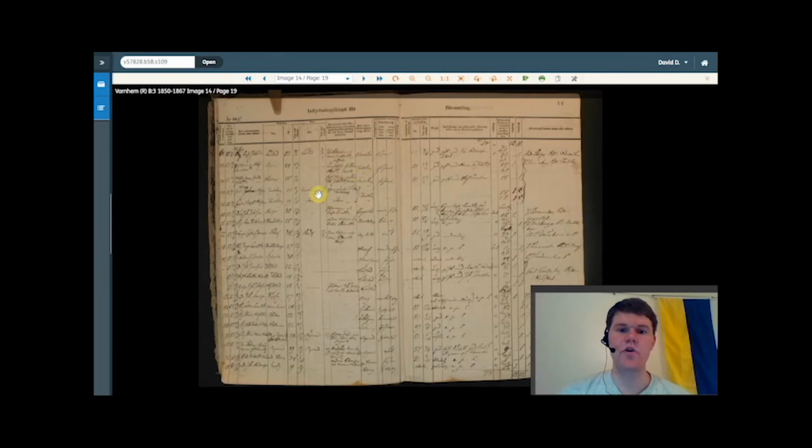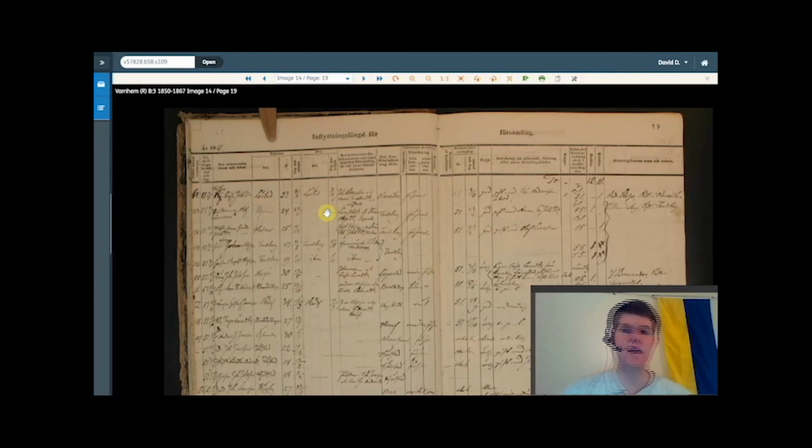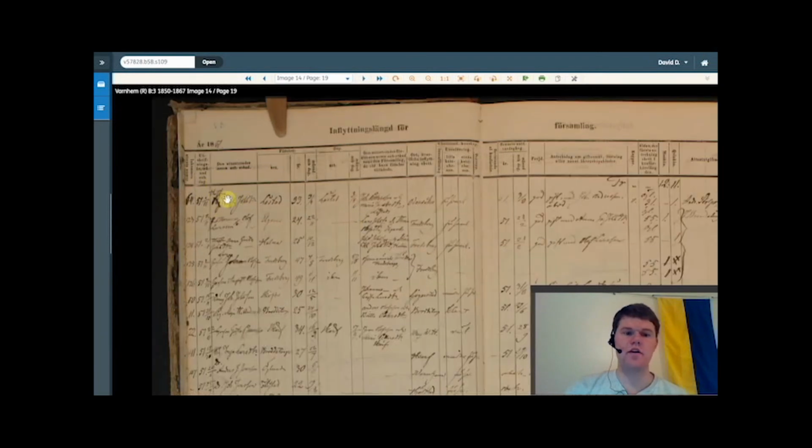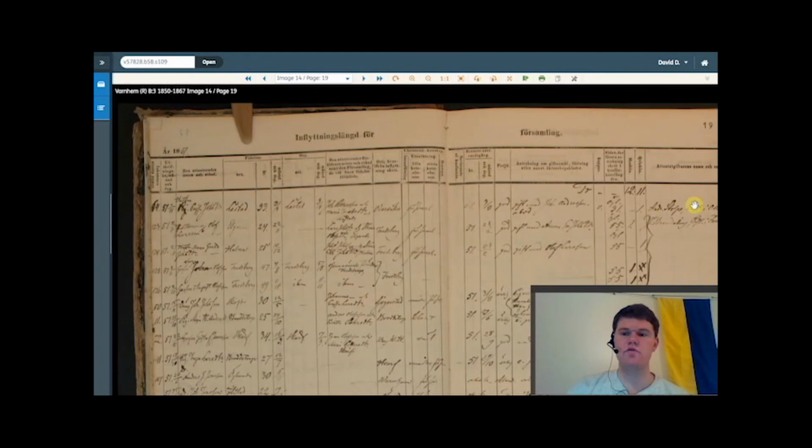In the previous examples, they had the left side of the page and the right side of the page being different people. This one, it carries over. So this person right here, their information goes all the way across this entire 2 pages. The other ones just stopped at the halfway point, and then there was a new person on this other side.